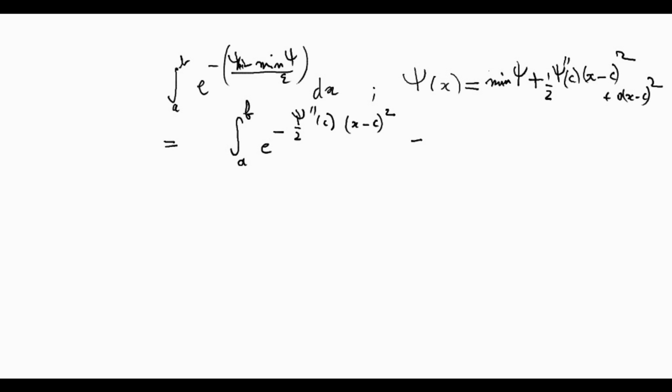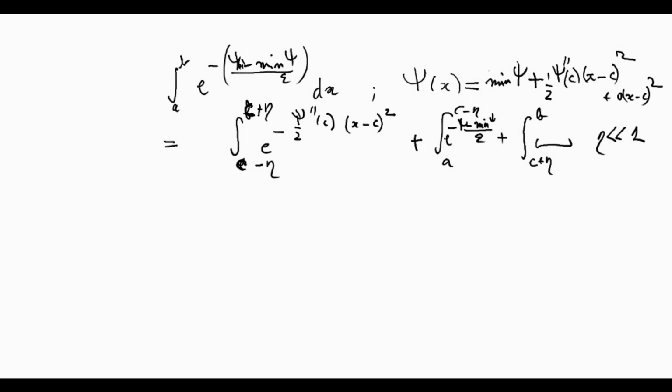So I will write it c minus eta and c plus eta. And then we can always write the integral from a to c minus eta plus c plus eta to b, and eta is small enough. Where here we do not change anything, we just write the same quantity.